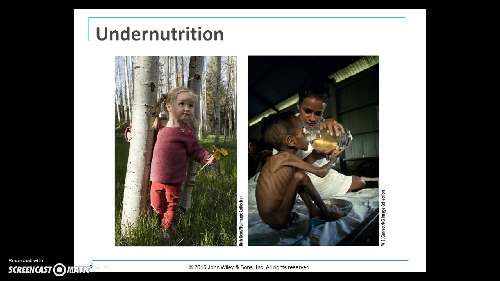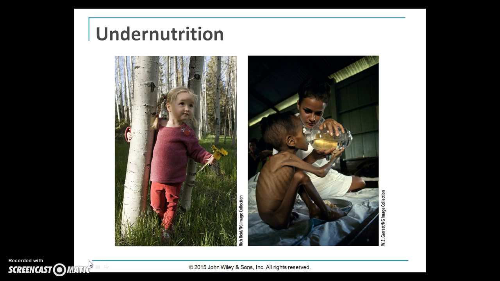Undernutrition, that's typically what we think of. It occurs when intake doesn't match the body's needs. The picture on the right shows the symptoms of starvation. That's the most obvious form of undernutrition, and it can occur gradually over time when the energy provided by the diet is too low to meet the body's needs.